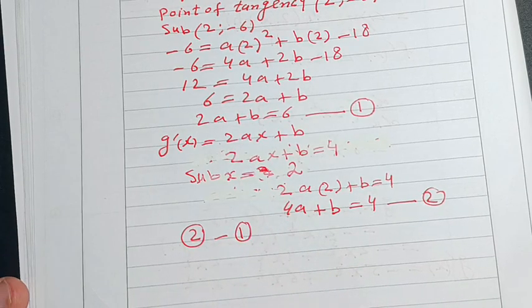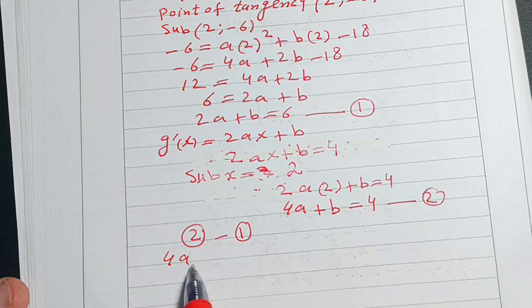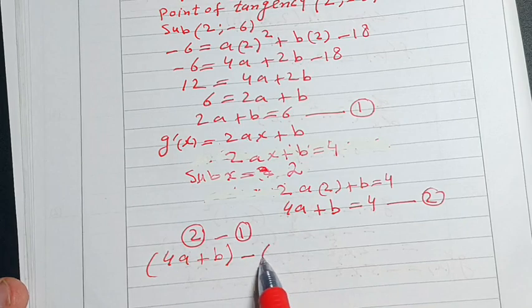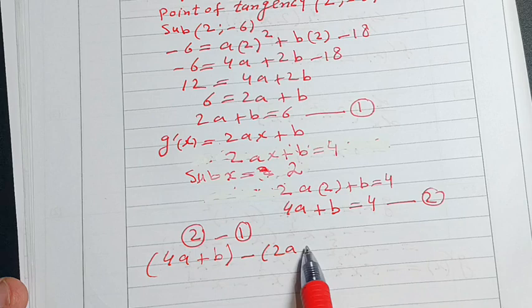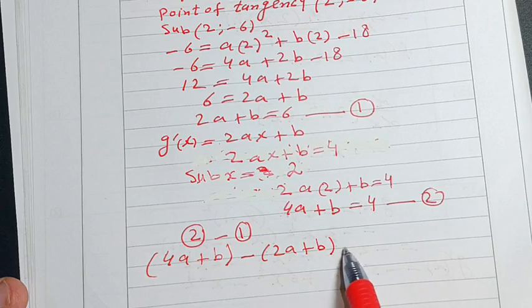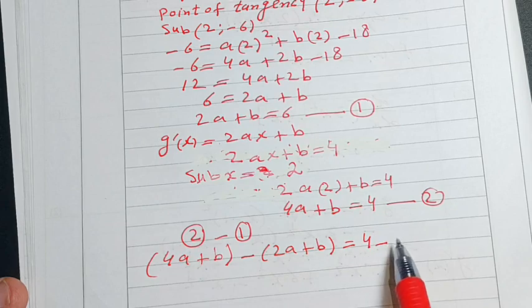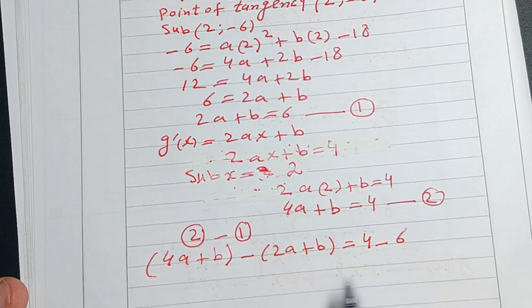Have a look now here. So 4a plus b minus 2a plus b is equal to 4 minus 6.